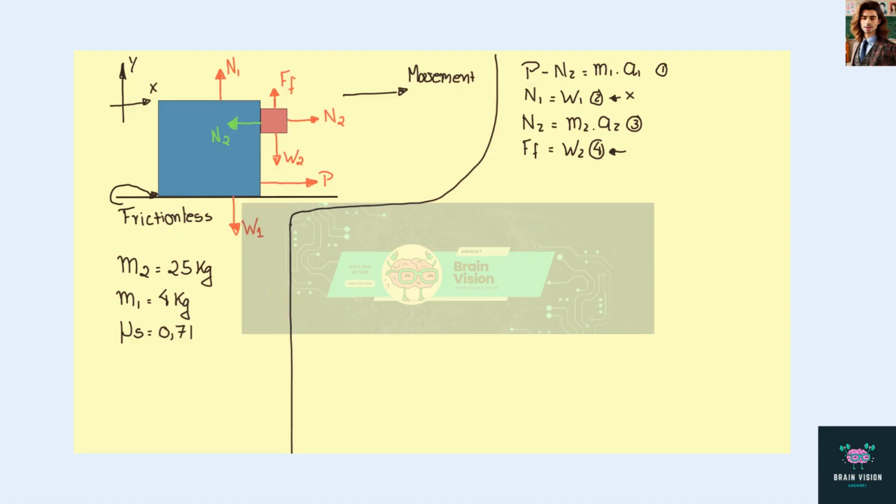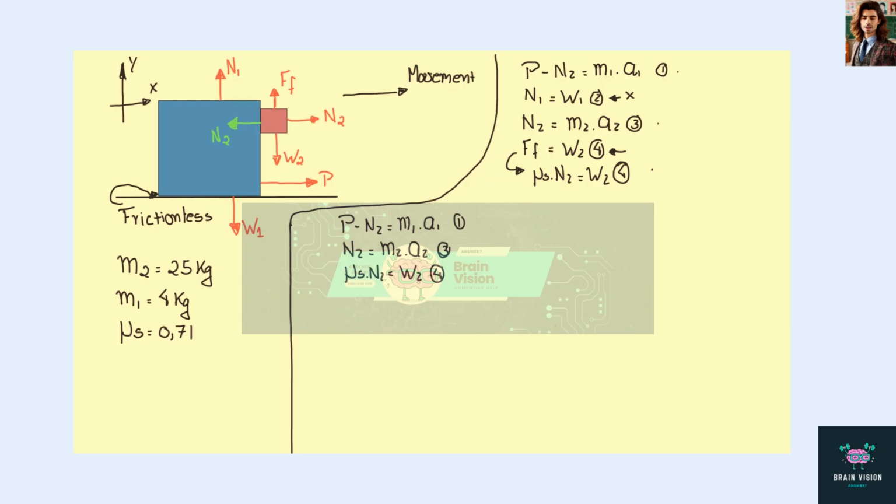So, equation number 4 actually becomes mu static times N2 is equal to the weight number 2. So it has a relation with force P because it has a relation with the normal N2. Then we will be using equations 1, 3, and 4 to solve this problem. Let me here write them.